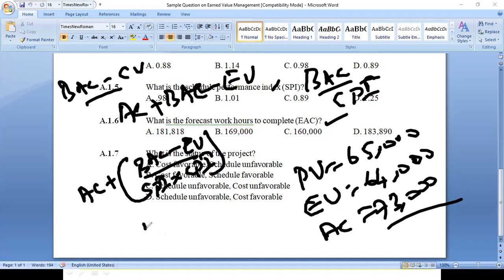And your budgeted completion is what? 150,000, right? BAC. Your original budget is 150,000 for the scenario.